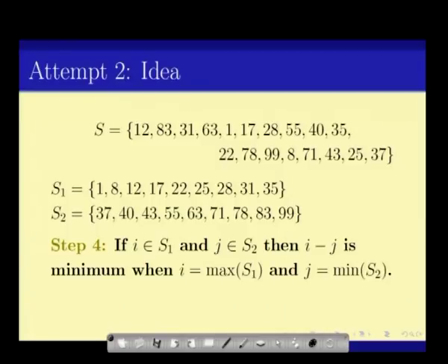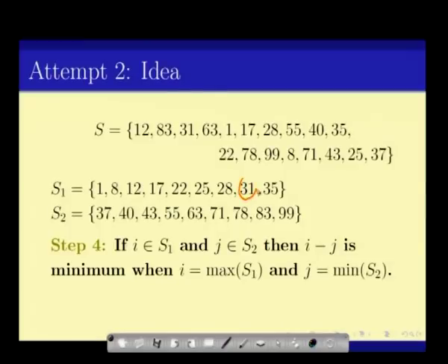This is because S was a sorted list and S1 contained the lowest half, the smallest half of the elements in S, and S2 contained the largest half of elements in S. So, if say i was this and j was this, that could not have happened, because the next element is clearly bigger than this element, and so 55 minus 35 must be smaller than 55 minus 31.